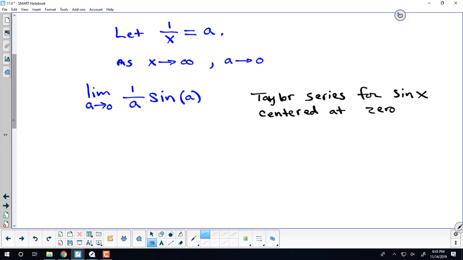So did anybody get a chance to memorize that yet? Is sine even or odd? Sine is odd. So it's the odd powers of a over a factorial. Does it alternate or not? Yes.